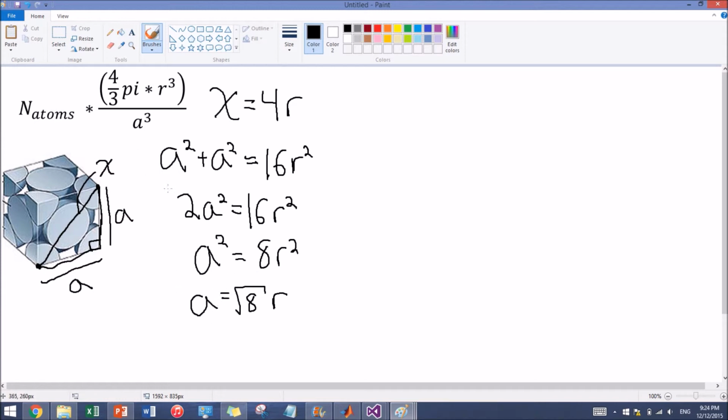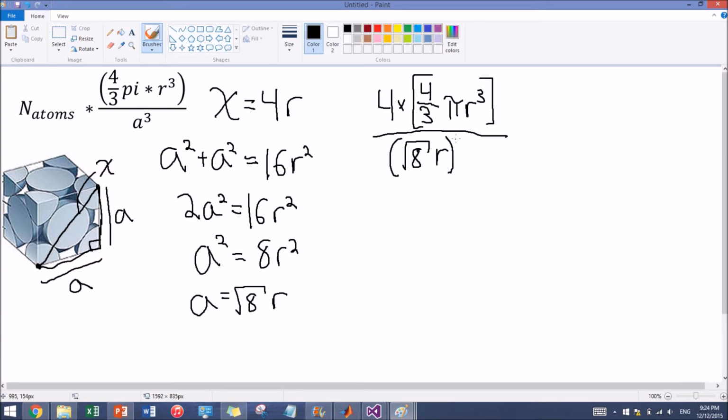So now let's plug that back into the atomic packing factor equation. If you recall, the number of atoms in a face-centered cubic is 4. So we have 4 times, with a big bracket, 4 thirds pi r cubed all over a cubed, which is really the parentheses root 8 times r, cubed.